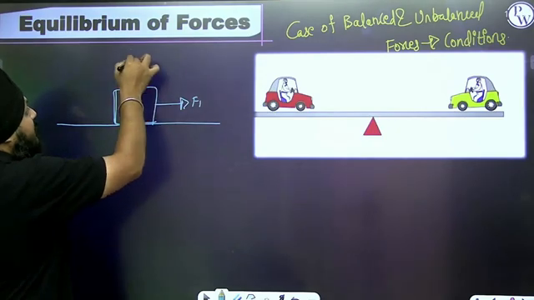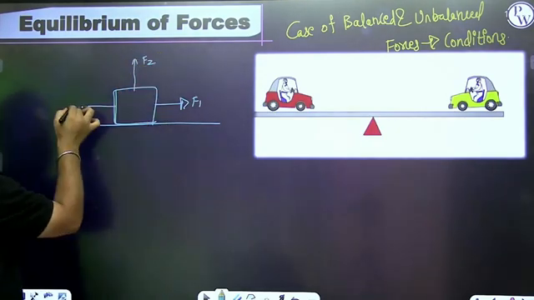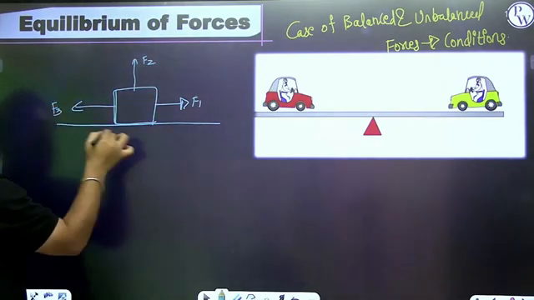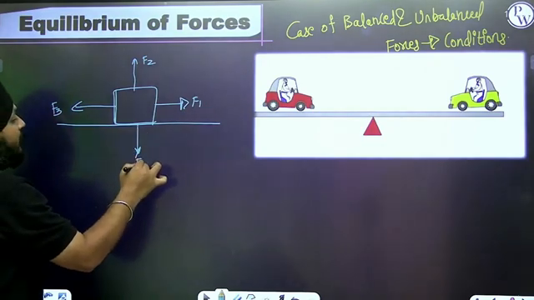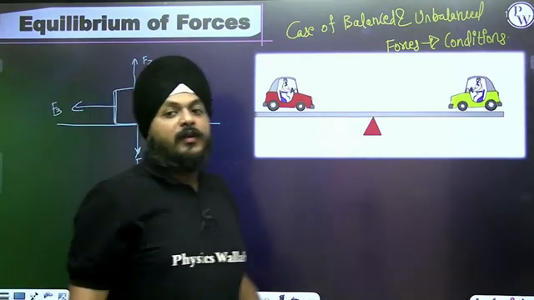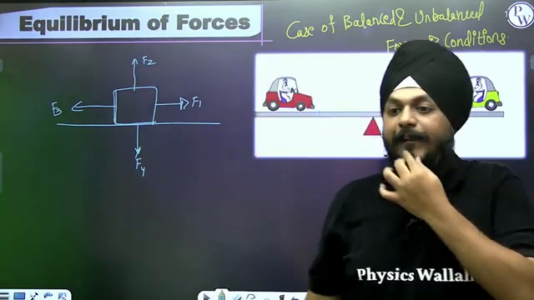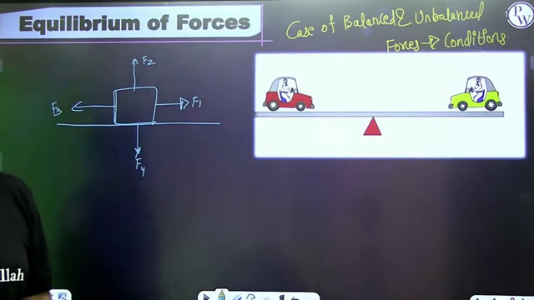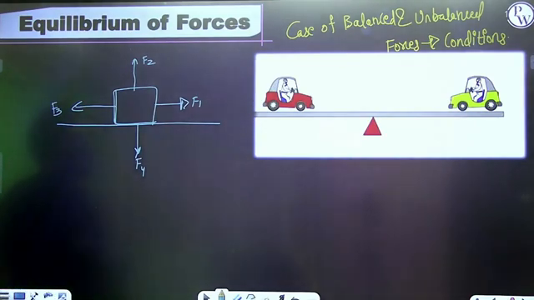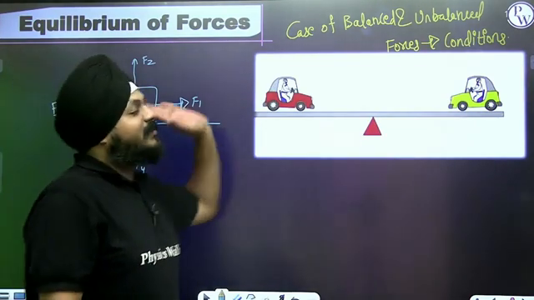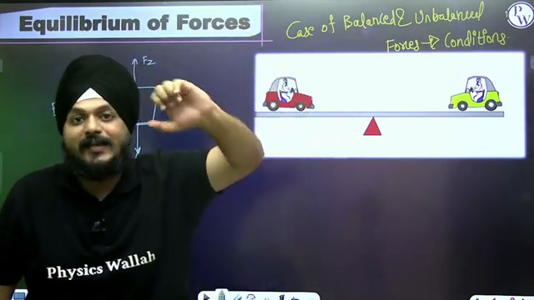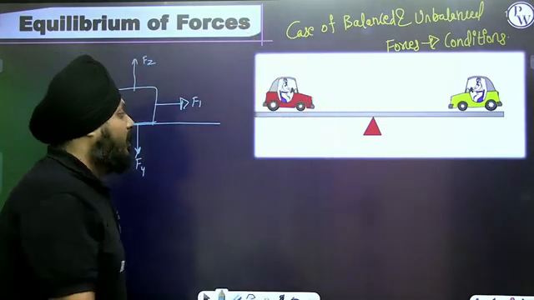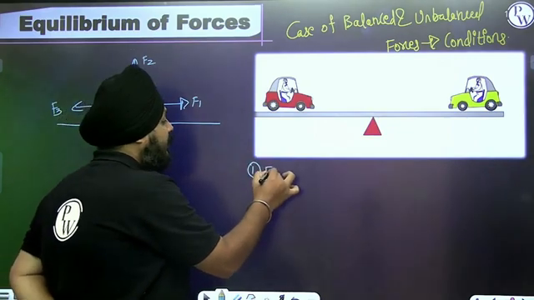Here F1 force is acting, here F2 force is acting, this side F3 force is acting, and on this side F4 force is acting. So what does this equilibrium condition state? First, forces are balanced.